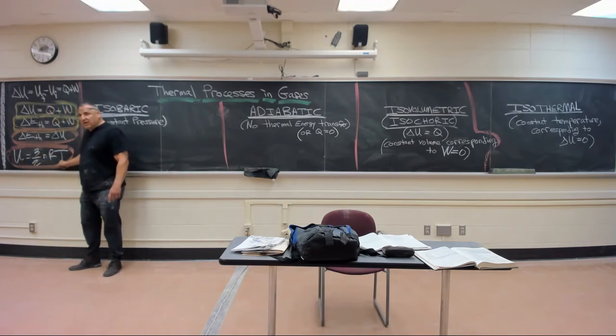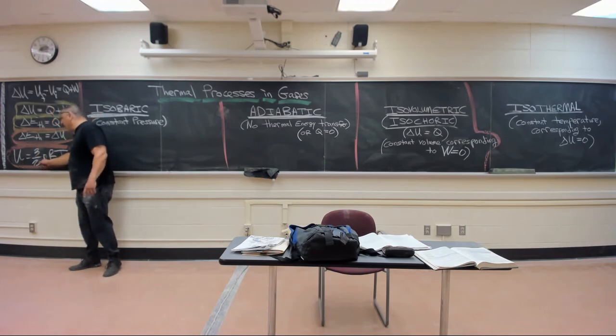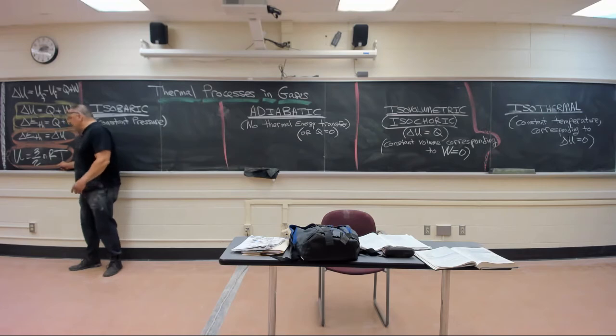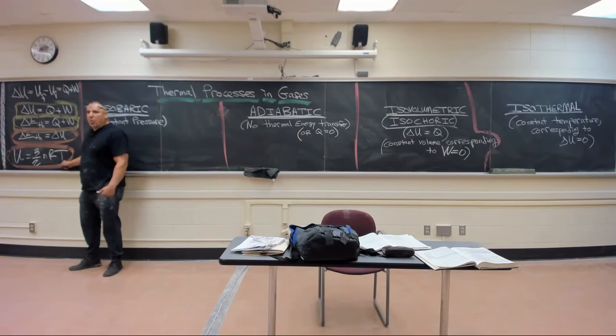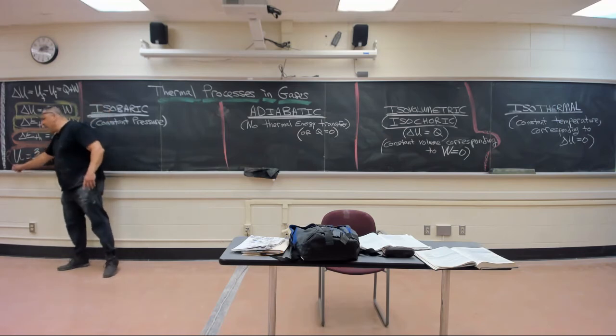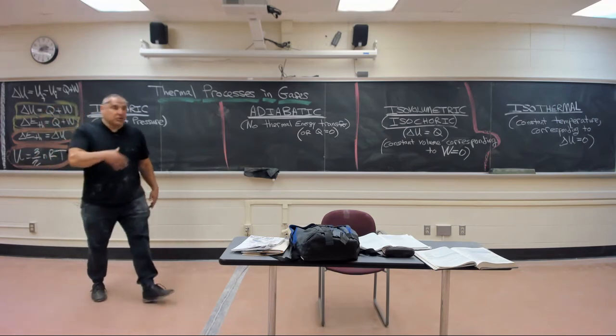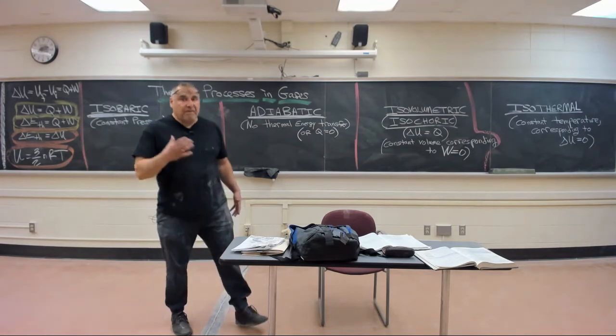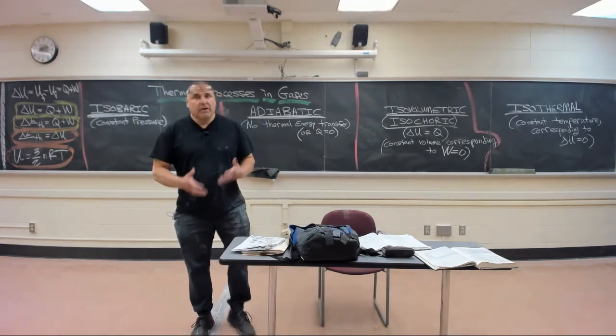If you make T 5 times what the original T was, the internal energy will be 5 times what it initially was.